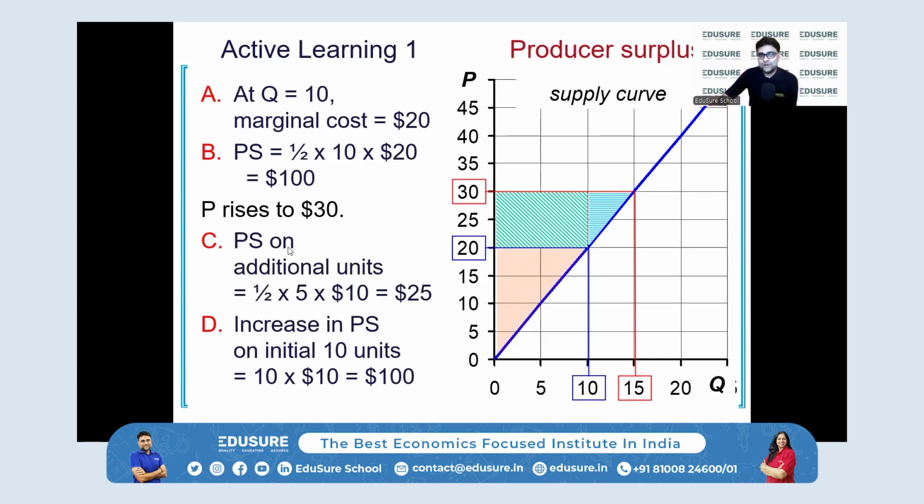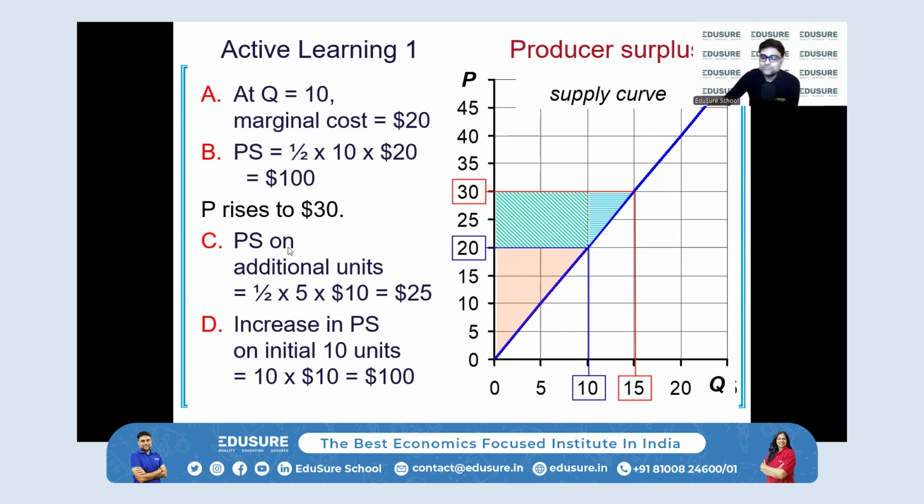Let's brainstorm now. Let's think of producer surplus in the locality around you. Think of examples in your locality where sellers are able to earn higher profits than their minimum cost. Can anyone share a few examples? You can put it in the chat box. Something that comes to my mind, let me get you started.